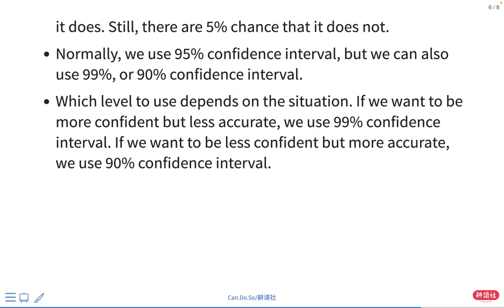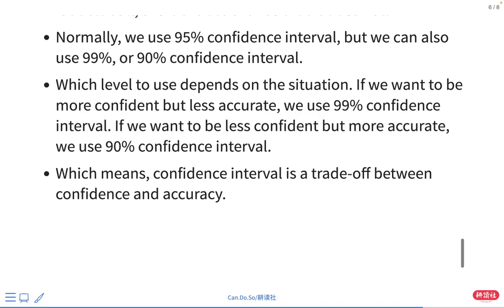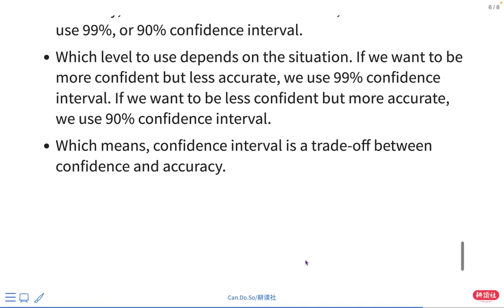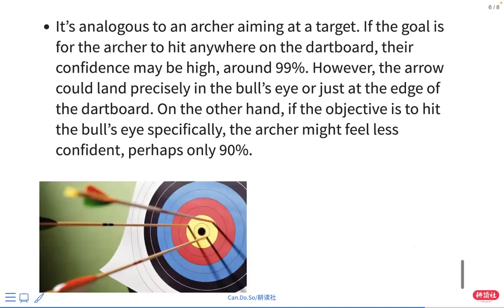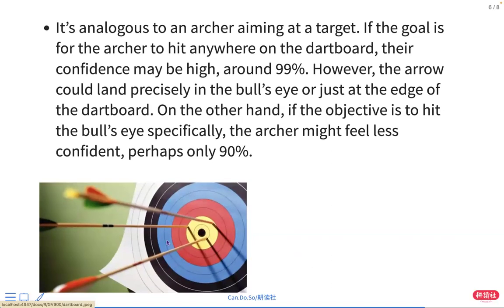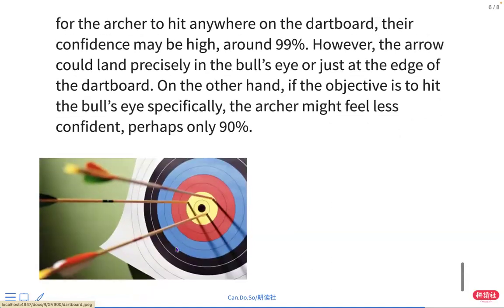Generally, if we want to be more confident but less accurate, we use the 99% confidence interval. If we want to be more accurate and less confident, we use the 90% confidence interval, which means the confidence interval is a trade-off between confidence and accuracy. It's like an archer aiming at a target.